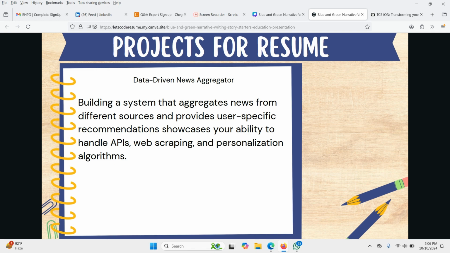So you have to make a product that has a unique feature, that will make it stand out, having complex functionalities, because that will help your resume stand out from the crowd, and it helps you get shortlisted in any company's interview rounds.